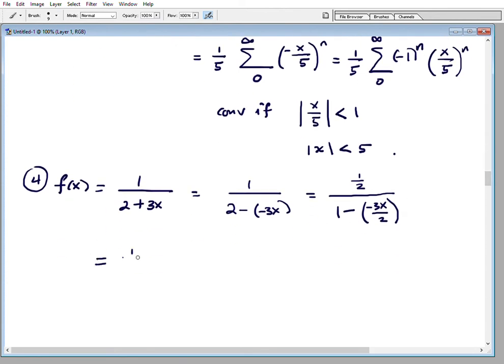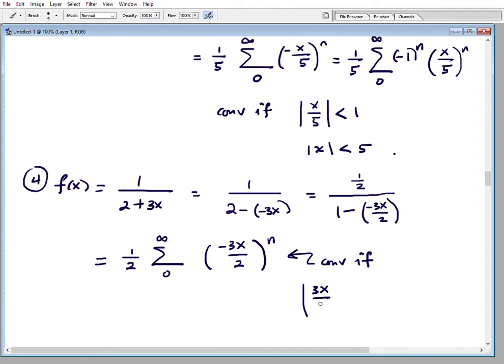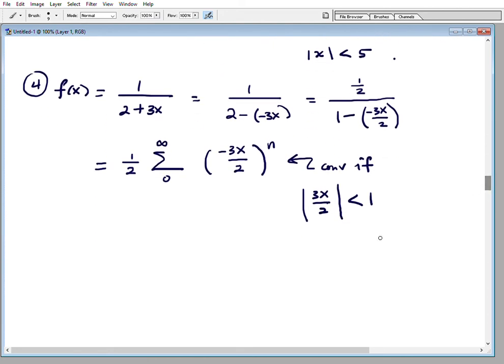Okay, so we have the 1/2 out in front, and I'll just go straight to the sum notation. All right, so this converges if that's less than 1, just multiply top and bottom by 2/3, or if absolute value of x less than 2/3.